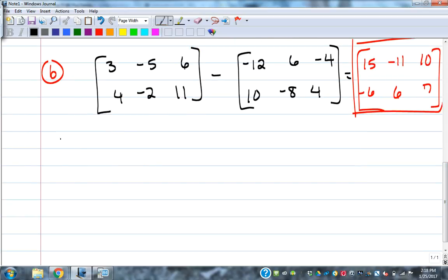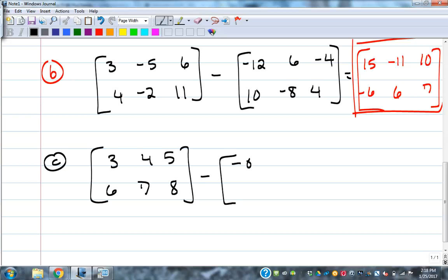If you had a different dimension of matrices, so maybe you got something that's 3, 4, 5, 6, 7, 8 minus -8, -9, -10, -11. What size is the first one? What size is the second one? They're not the same size.